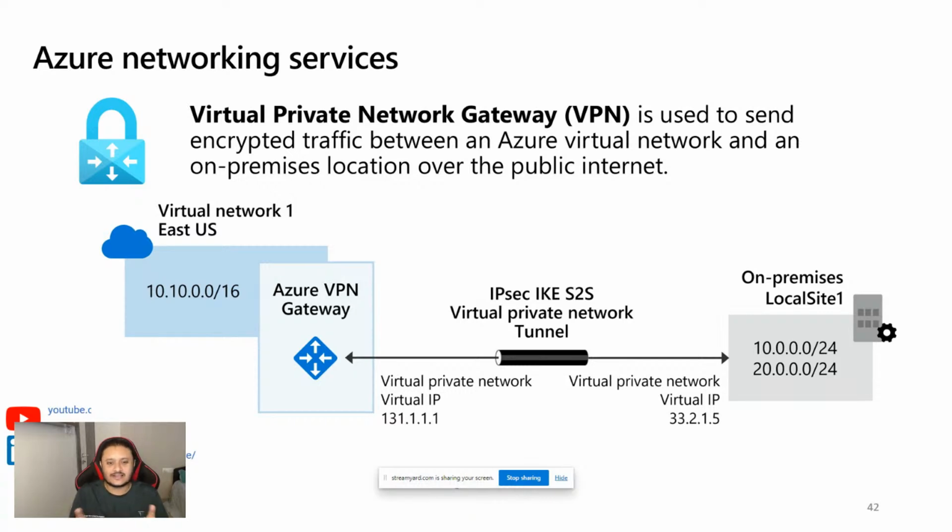It will create an encrypted traffic channel between your on-premises and your cloud environment, and whatever tunnel you create will be totally encrypted. End to end encryption will happen across these two tunnels, so your traffic will move between different locations, and for that you have to create these VPN gateways.